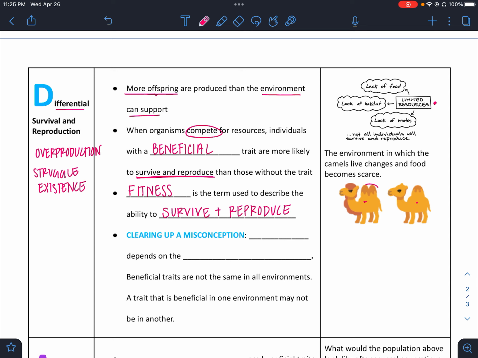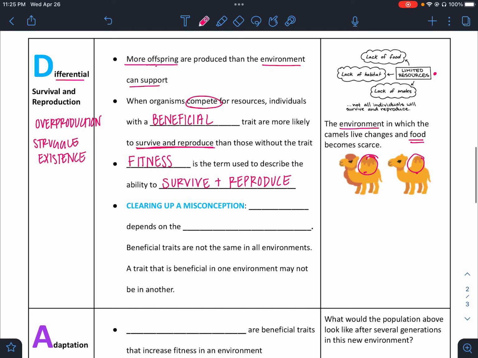Two humps, we're going to say, is carrying more fat, more extra nutrients, and one hump is going to be carrying less fat, less extra nutrients. If this population of camels lives in an environment and it changes and the food source becomes really, really scarce, having more fat, more extra nutrients stored on the body, that's going to increase survival.